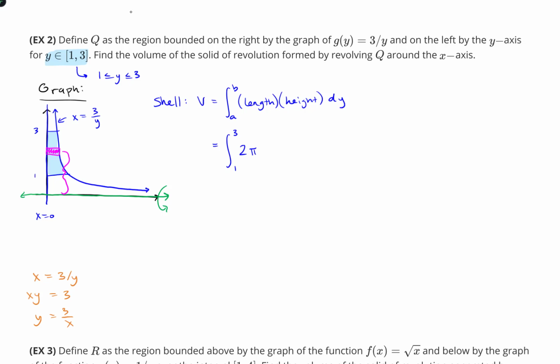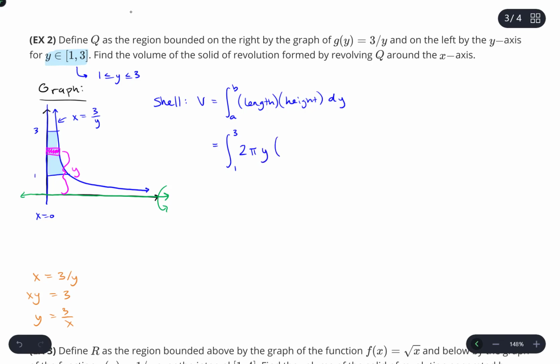And if that happens to be the x-axis or the y-axis, then it's really just the x or y coordinate of the current rectangle. So this is going to be 2 pi times y.